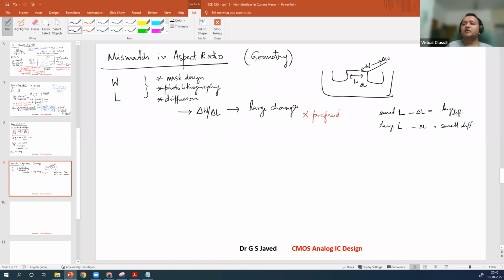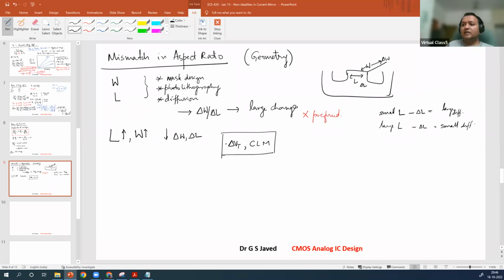So the way we can look at it is, increase the geometry, increase the L, increase the W to reduce the impact of delta W or delta L in your circuit. But if you do that, you will have delta VT offset and channel length modulation also playing a role.